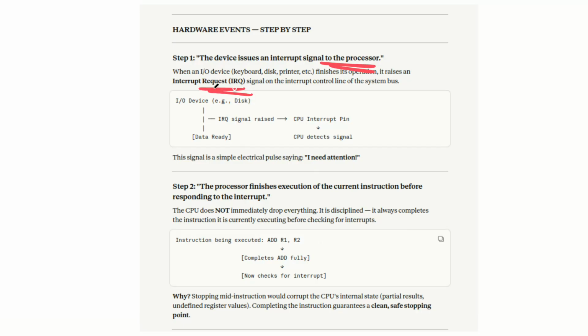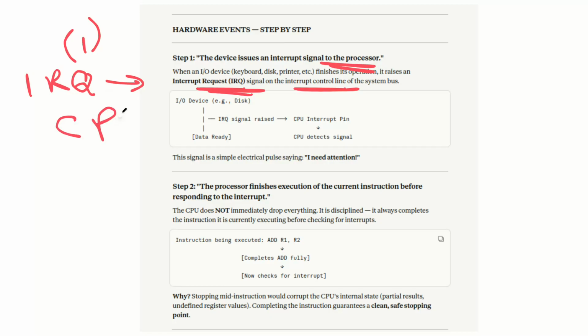How we are going to give it, I have already discussed in the previous video, through the interrupt control line. So the first step is the interrupt request, that is IRQ, is given to the CPU through this interrupt control line, which is a line of the system bus.